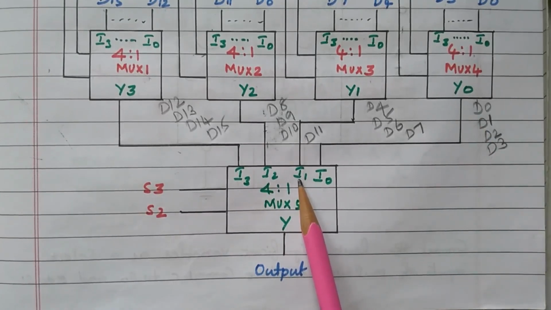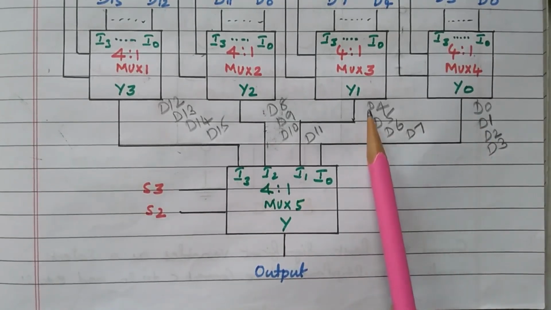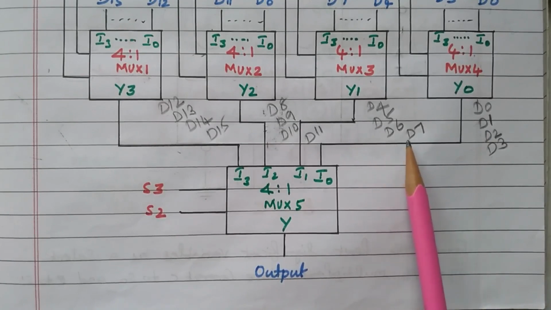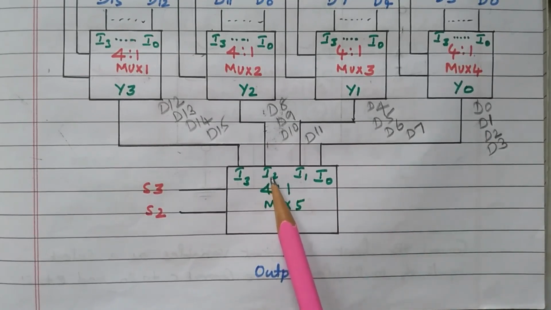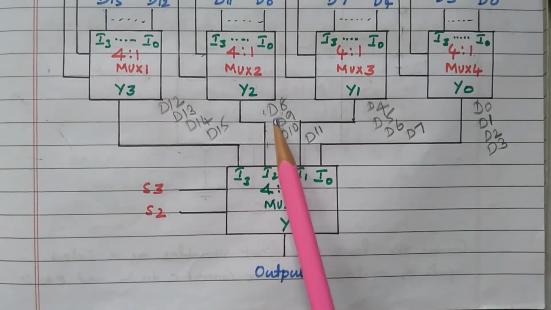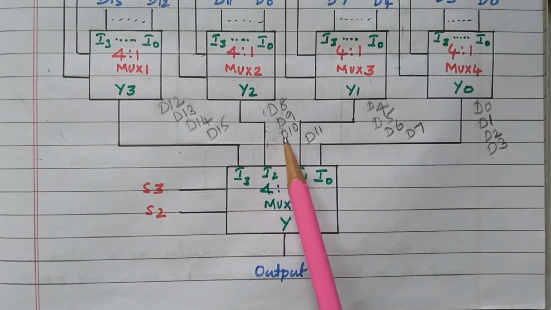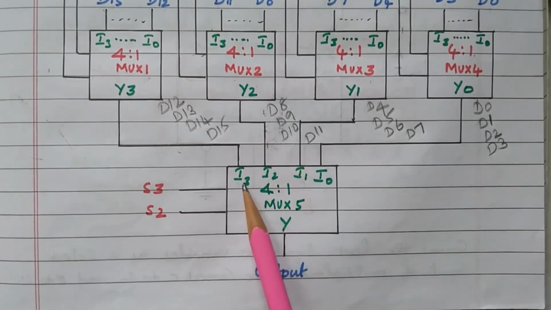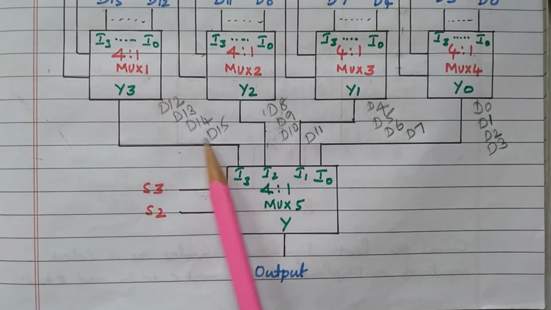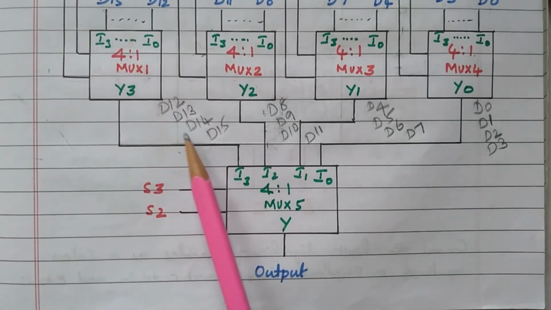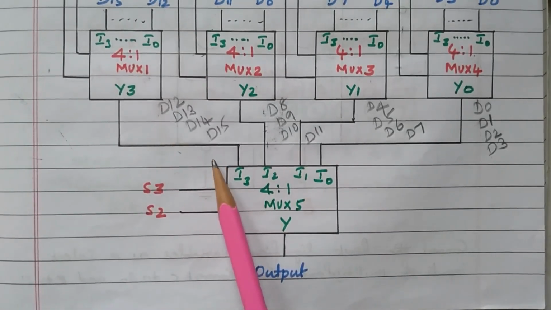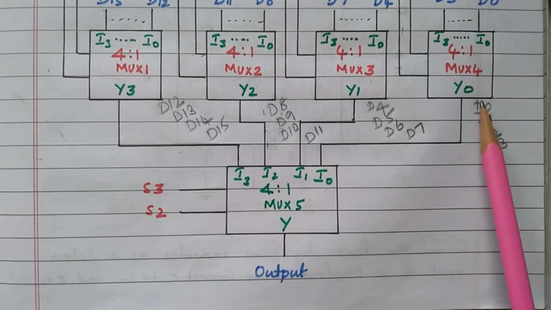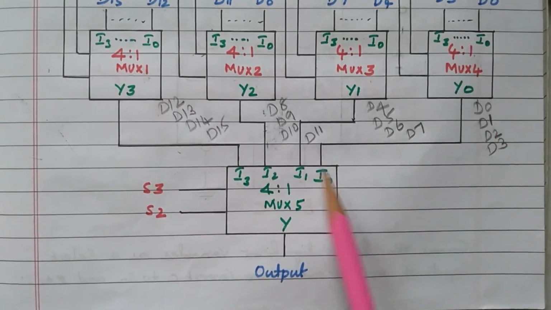I1 is nothing but any one of this output D4, D5, D6 or D7. I2 is nothing but any one of this output D8, D9, D10 or D11. Similarly, I3 is nothing but any one of this output, either D12, D13, D14 or D15, right? Out of 4 outputs, any one will be available here based on the selection line, right?